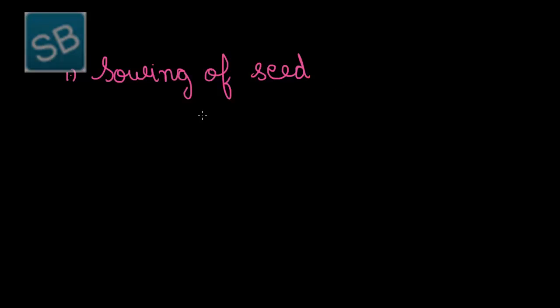Now let us understand how the process of germination begins. As said, germination begins from the sowing of the seed. Now, as we all know, after the seed is sown, a proper amount of water should be supplied to it.